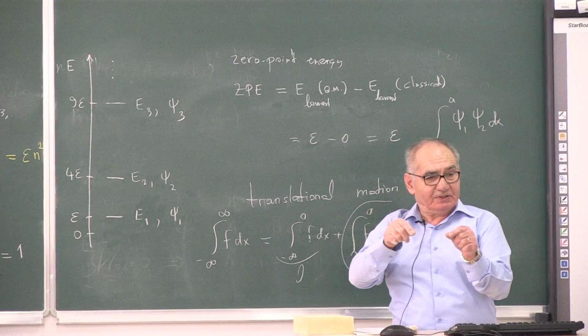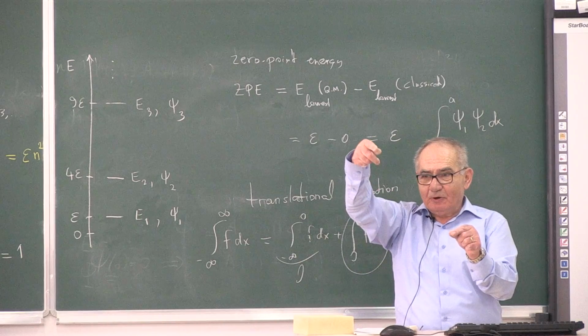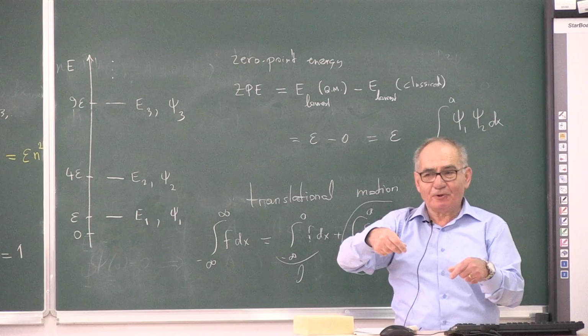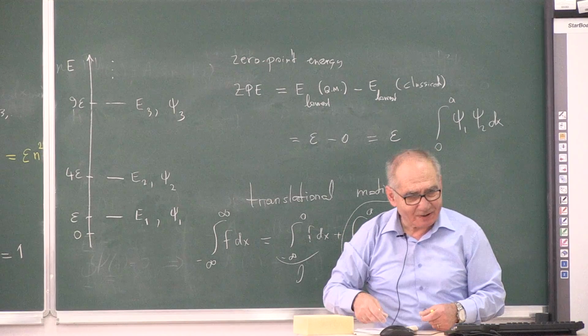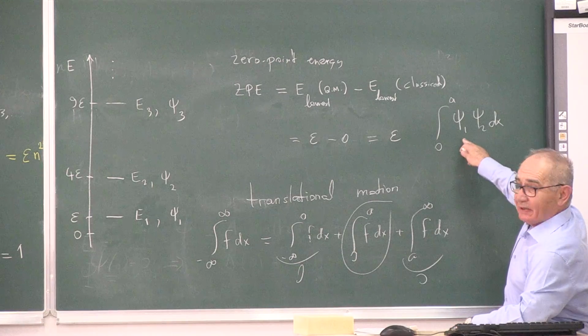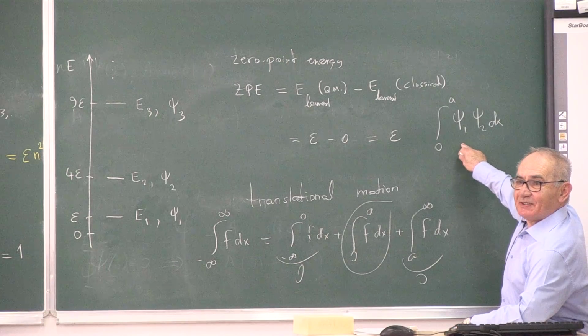Any two functions from a set of eigenfunctions of a given operator are orthogonal. They satisfy the orthogonality property. Therefore, whenever you have such an integral, you know the result is 0.